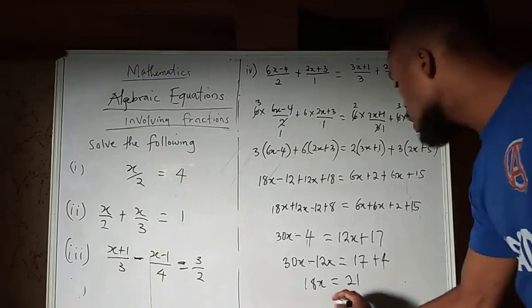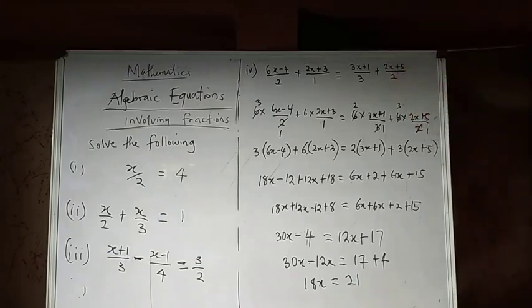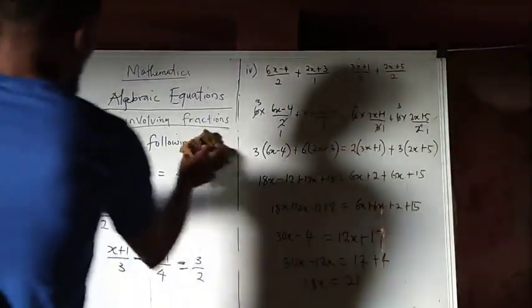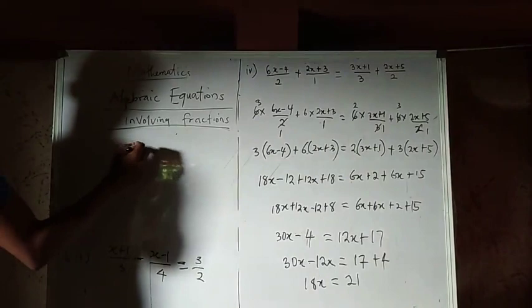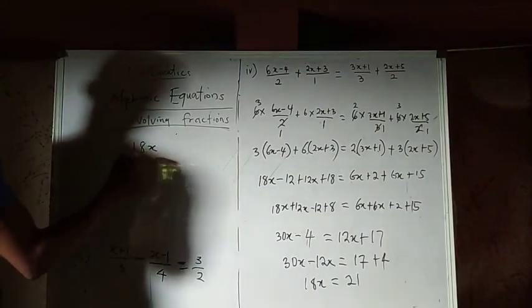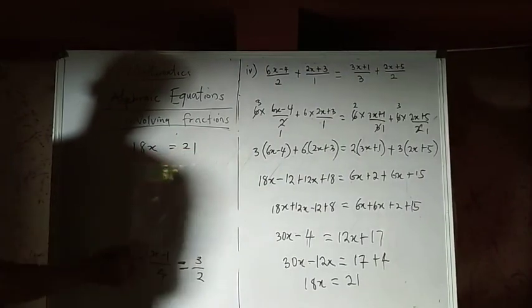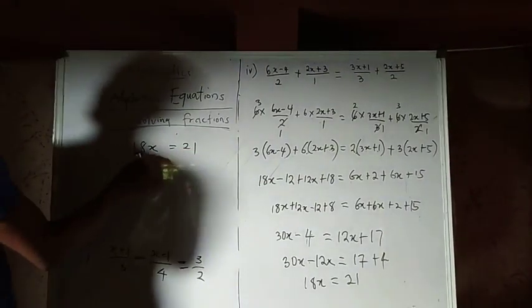So you see, this now simply becomes 18x over 18 equals 21. So what do we do to get x alone?